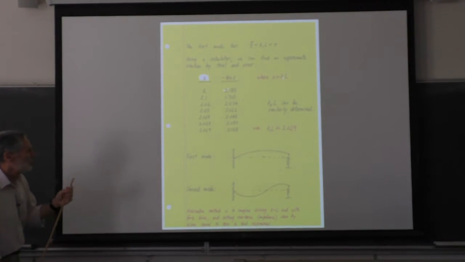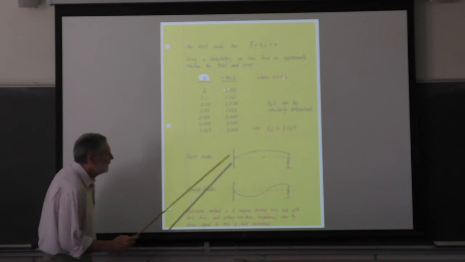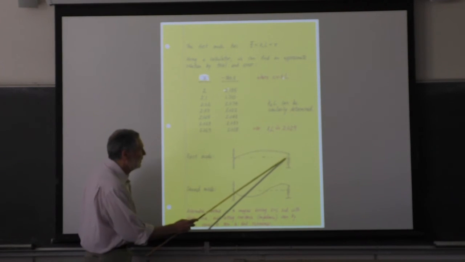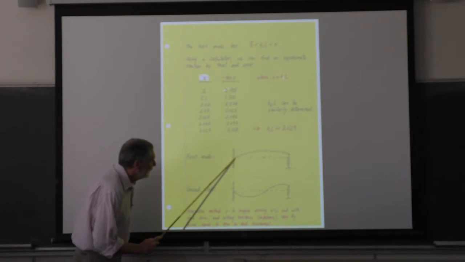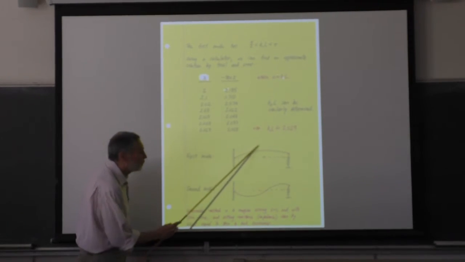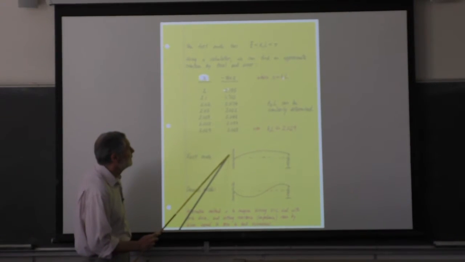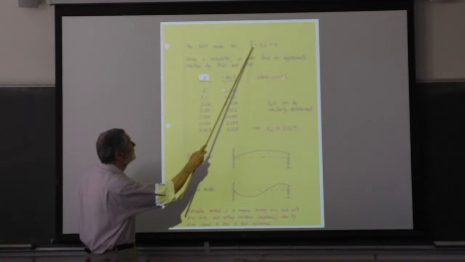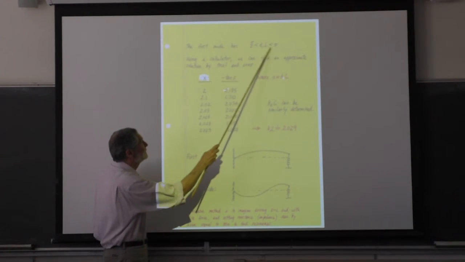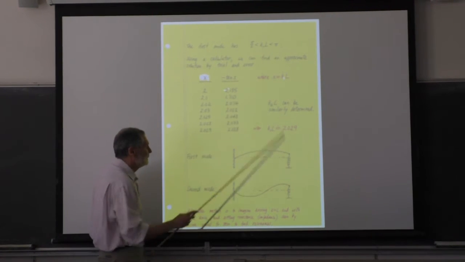There's one more important thing I want to say. More important, I think. What's the wavelength here? Well, it's got to be between half a wavelength and a quarter wavelength. That's actually mathematically embodied in here.